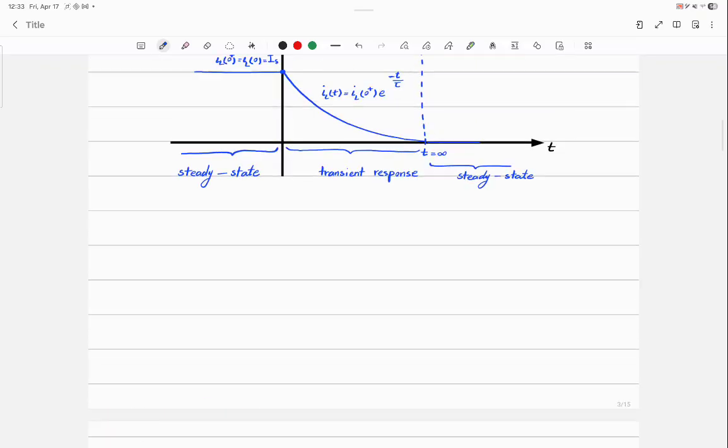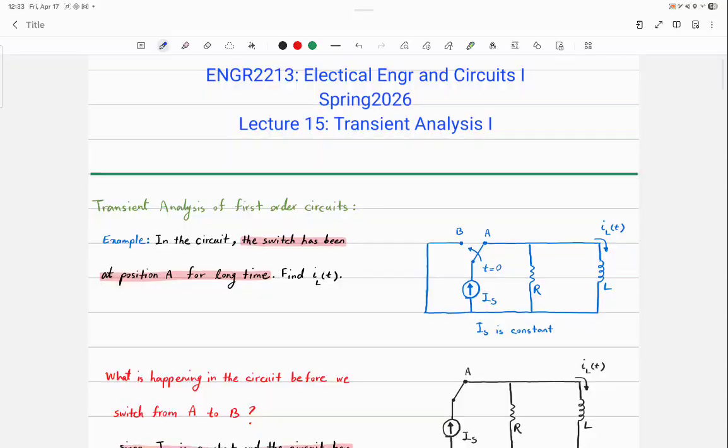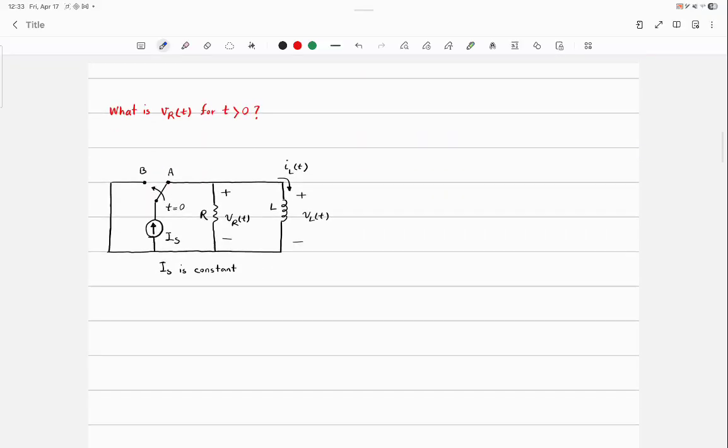Now, we did everything for ILT. Now let's find the voltage across the resistor. So this is what I'm going to do. I'm going to first analyze the circuit at t equals 0 negative.